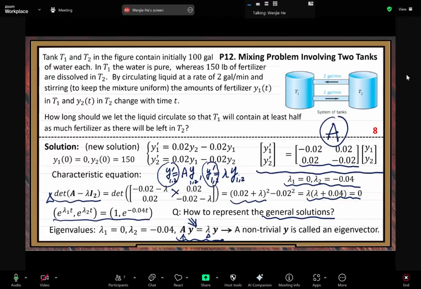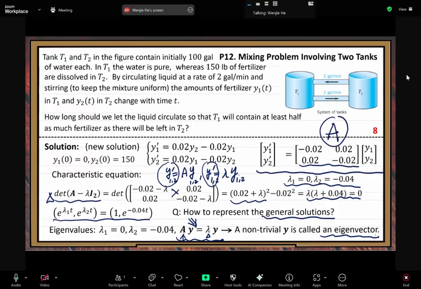All right. Now, you want to find a non-trivial Y solution. That non-trivial Y solution, we give it a name, we call it the eigenvector, corresponding to one particular eigenvalue. So it's the eigenvector concept in linear algebra. So here we need to calculate. We find two eigenvalues first.